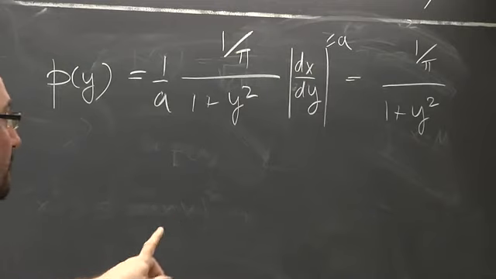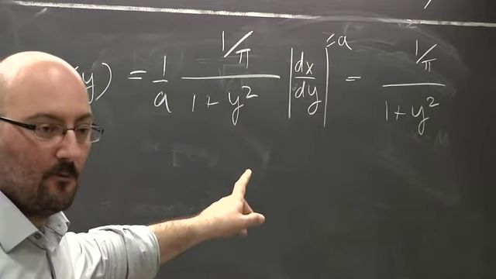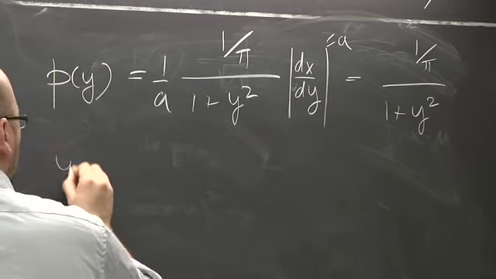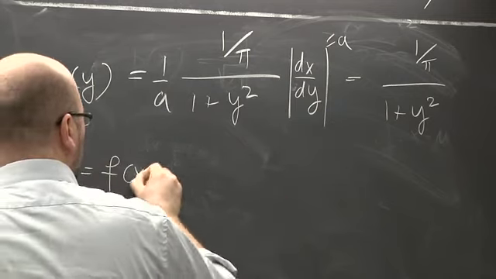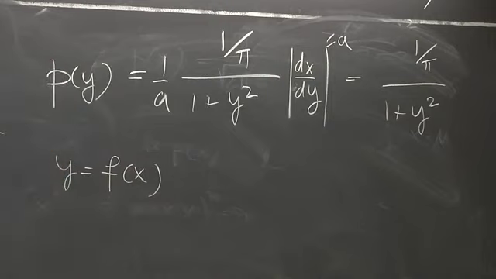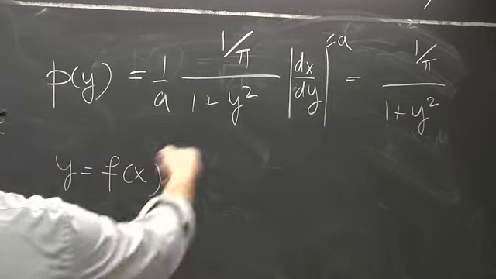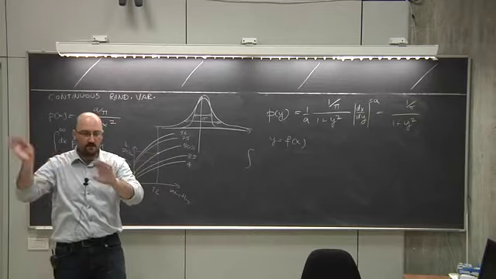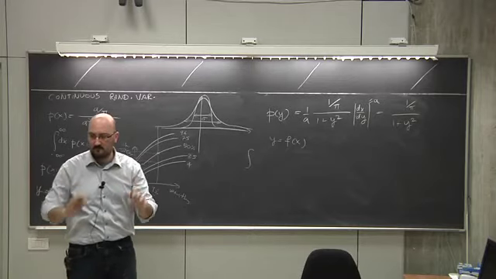The density. Why do I have to introduce a Jacobian? Because if I have y, which is a function of x, the probability that... suppose this function is monotonic, okay? Otherwise, I have to have different branches and so on and so forth. When I invert it, I have a problem.